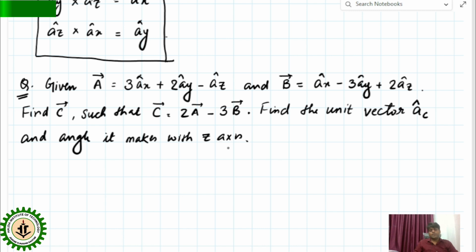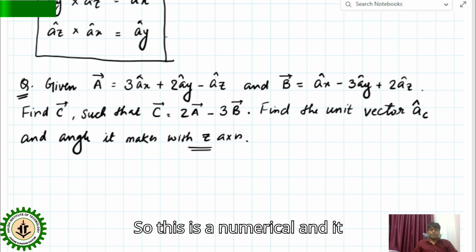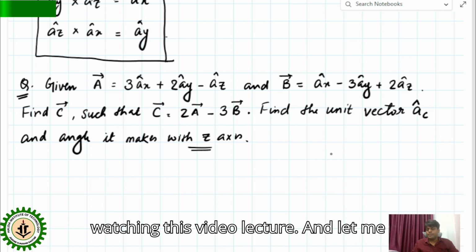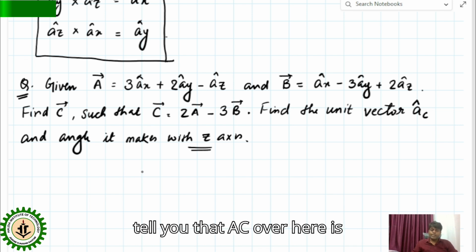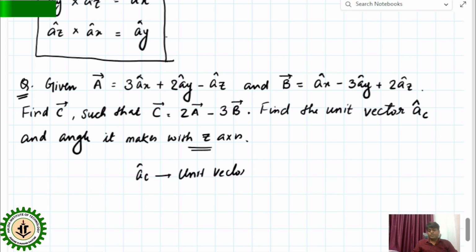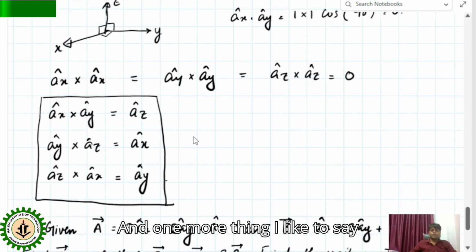Okay, so this is a numerical, and it is homework for the students watching this video lecture. Let me tell you that AC over here is the unit vector for vector C.